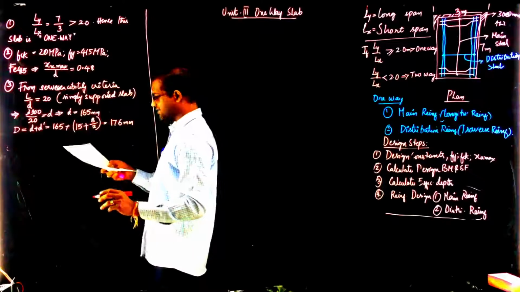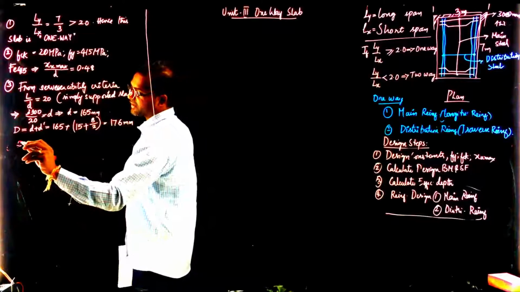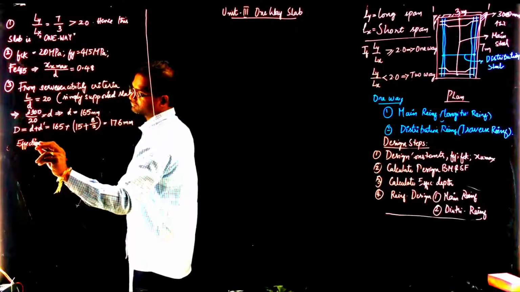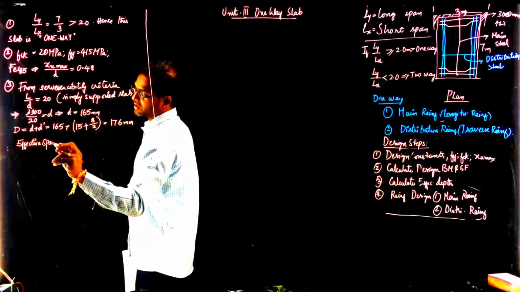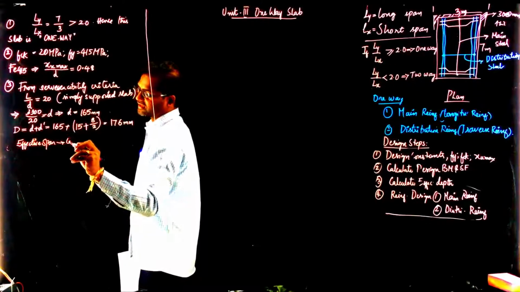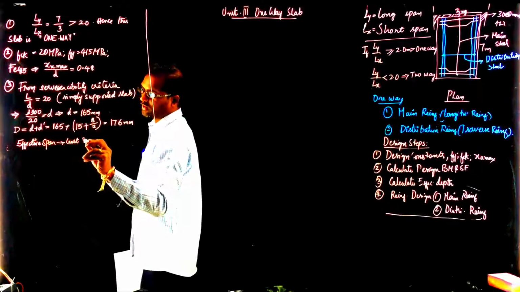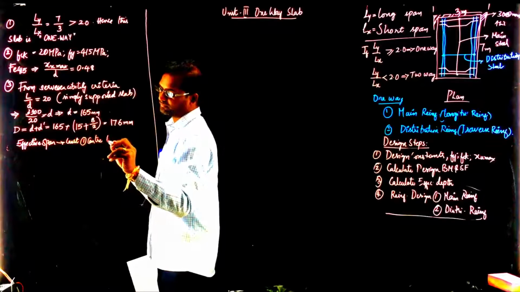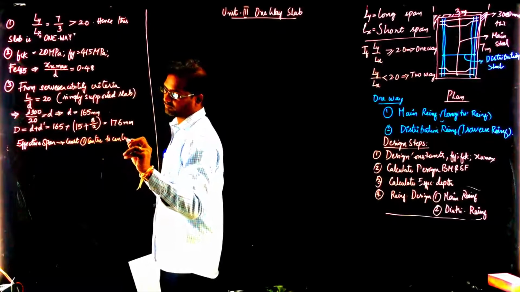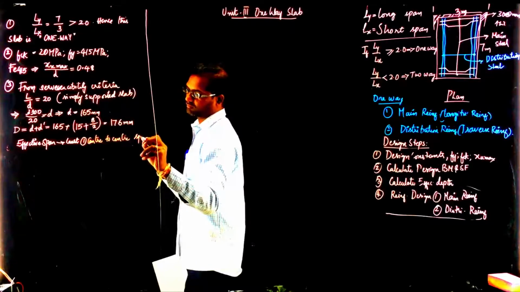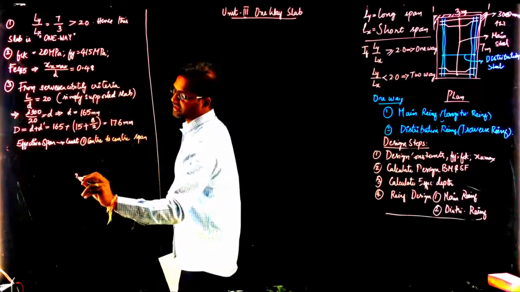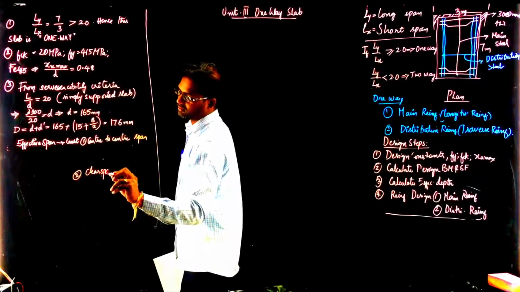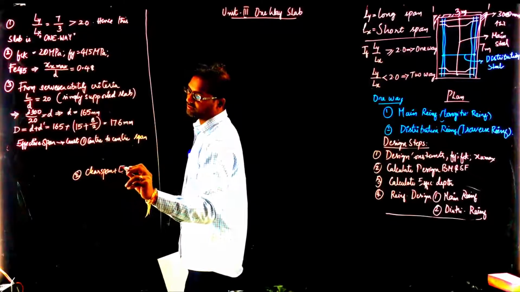Now you can calculate the effective span. Effective span is taken as the least of the following. One is the center to center span, and second is the clear span plus effective depth.